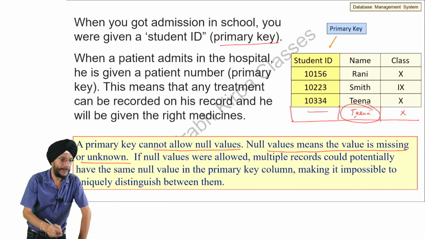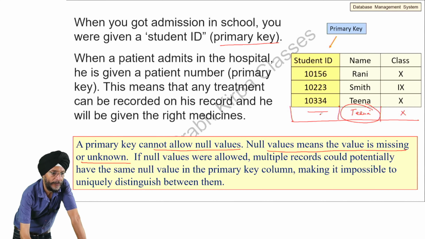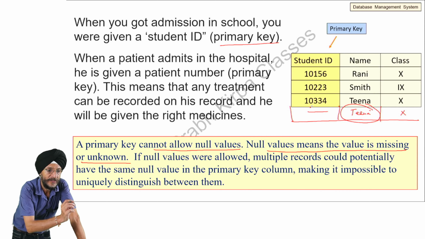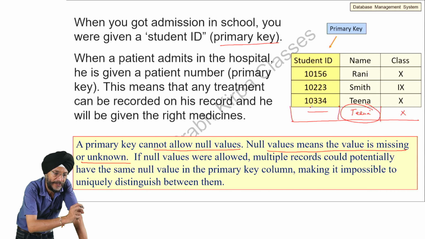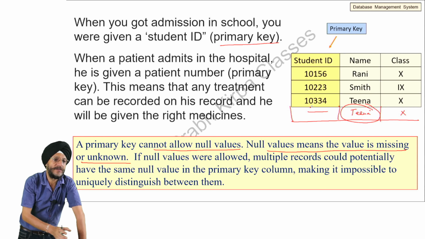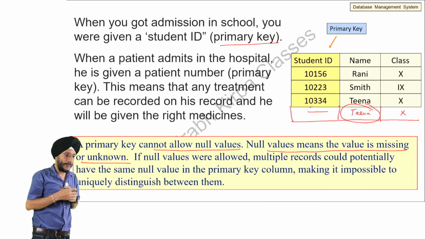So the primary key cannot be null. It cannot allow null values. In the case of primary key we have to mention some relevant values, unique values.